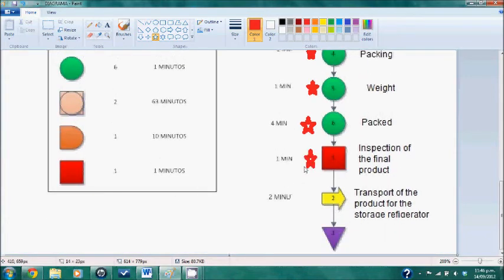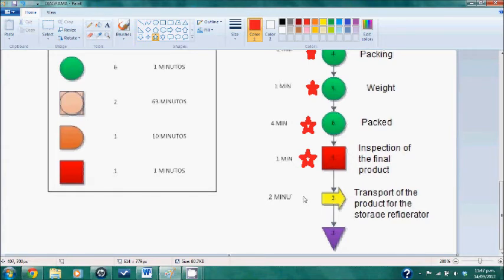So after making these big envelopes or big boxes of the products, then special people are in charge of the inspection of the final product, if it's good or if it's bad.